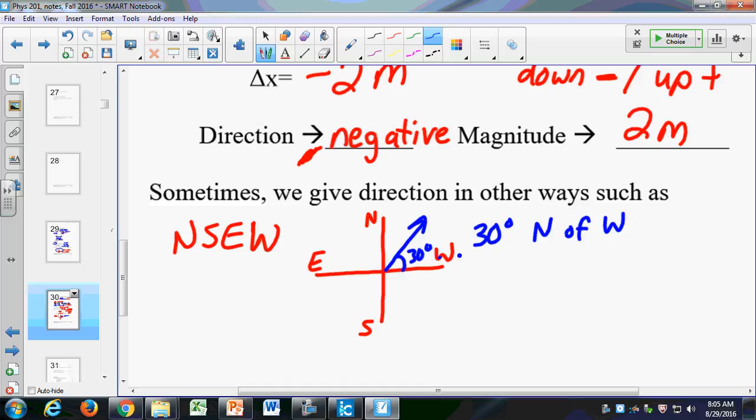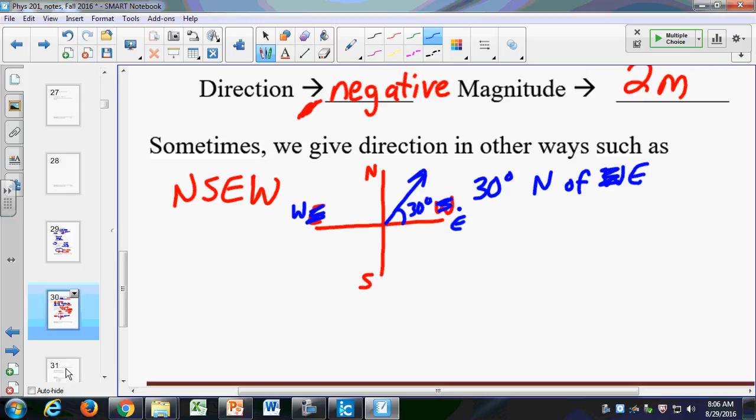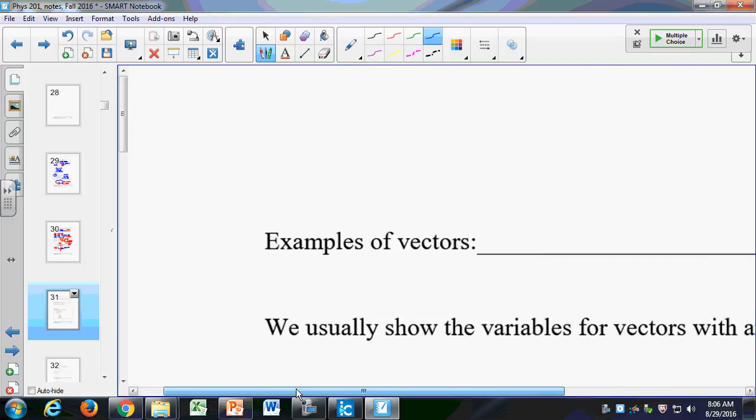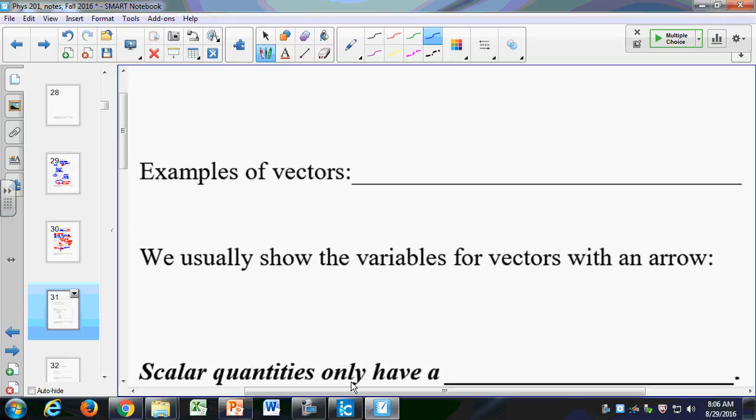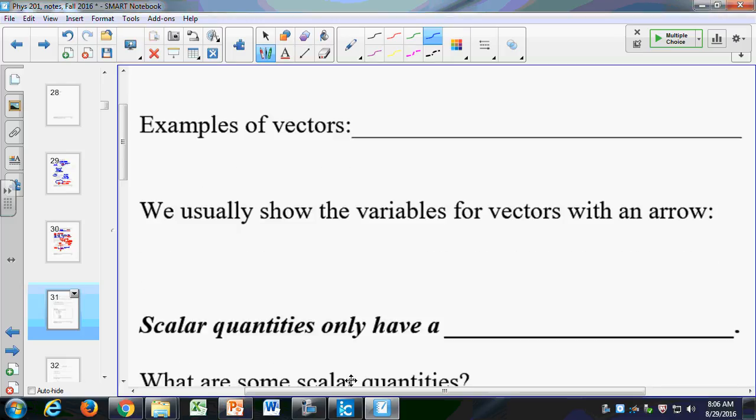Y'all know what I mean. This should be east. This should be west. So this would be north of east. All right? We can say up, down, left, right, or give it with an angle. We'll see that more later. Vector quantities that we'll see in this class are displacement, velocity, and acceleration.